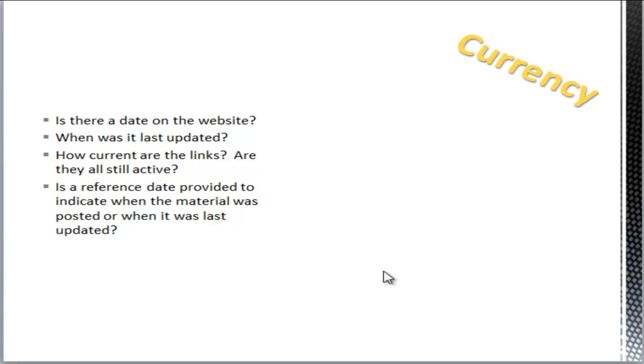But if you're doing research on a new innovation, the information has to be very current. Is the page dated? If so, what does the date refer to? For example, it may indicate when the material was first written, when the material was first placed on the web, or when the material was last revised.